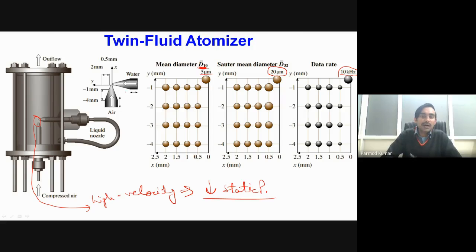If you see this particular photograph, this is our x direction and this is our y direction, and this intersection is the origin. While we are changing the location of the nozzle, the x direction refers to the shift in location of the air nozzle, and in the y direction we are shifting the location of the water nozzle.